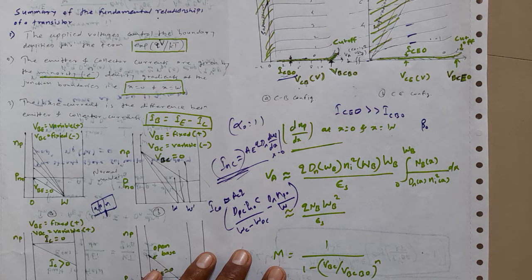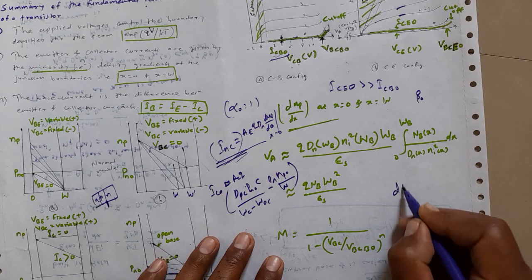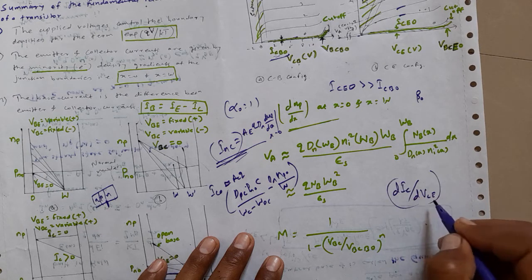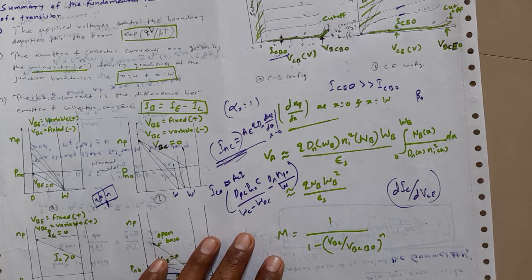A small early voltage is equivalent to a low output resistance, given by dIC by dVCE, the slope of that curve, which is undesirable for circuit applications. If the base width is small enough, punch through would occur with a behavior similar to avalanche breakdown.